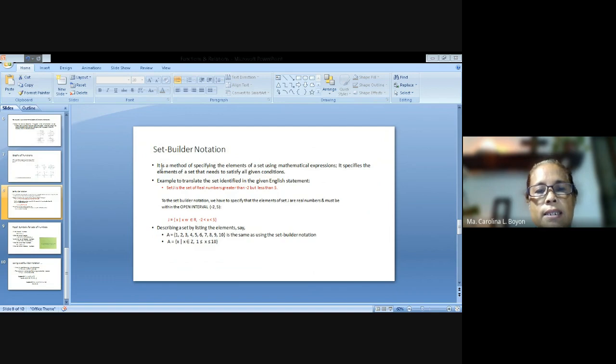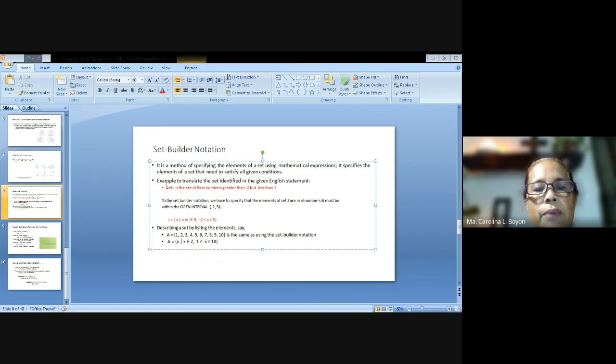What is this? It is a method of specifying the elements of a set using mathematical expressions. That means using conventional mathematical symbols. So it also specifies the elements of a set that need to satisfy all the given conditions.